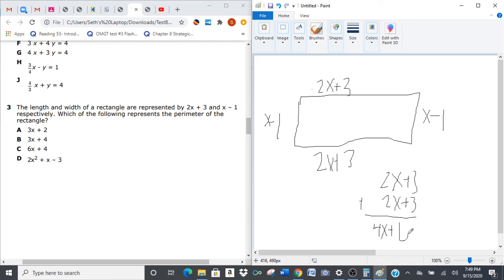So we have 4x plus 6 after doing these two sides. But we're not done yet. Now we have to add the 4x plus 6 to the x minus 1 and x minus 1.